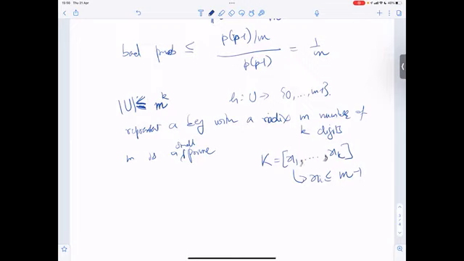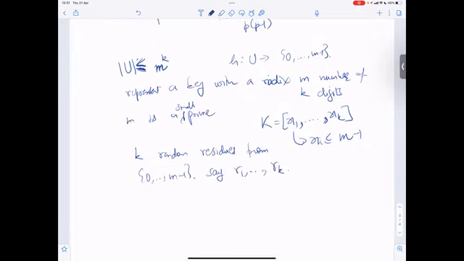And now the hash function uses k random residues from 0 through M minus 1, say r1 till r sub k.